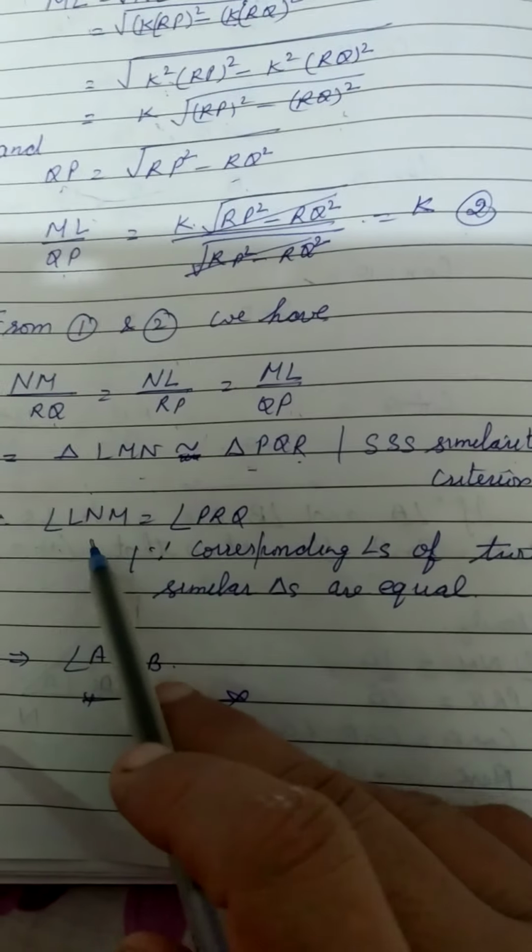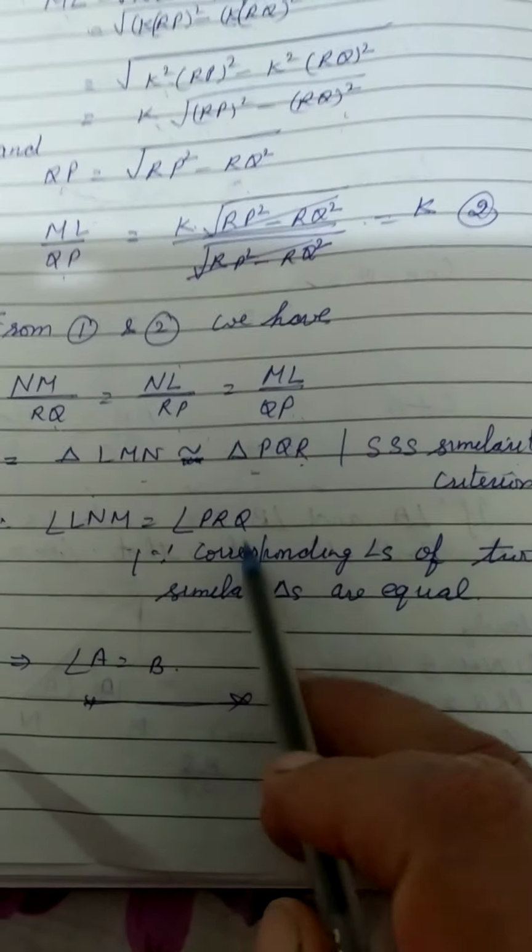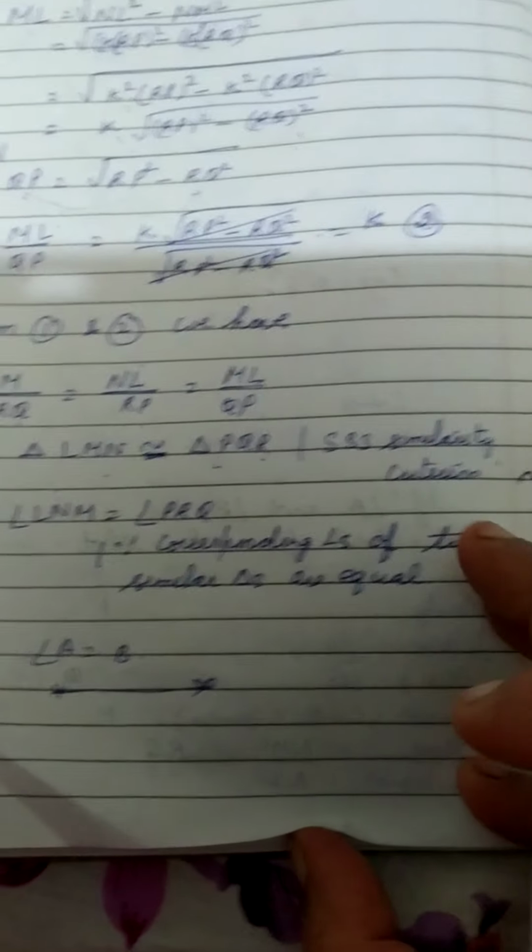So angle LNM is equal to angle PRQ because corresponding angles of two similar triangles are equal.